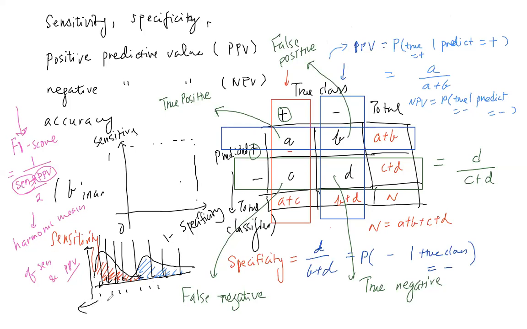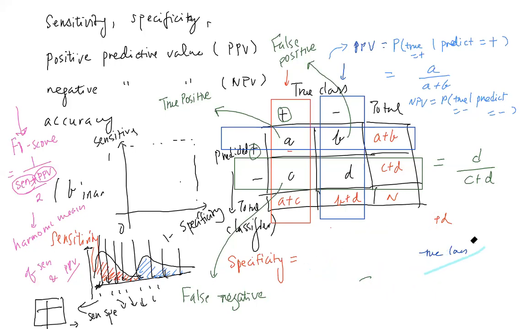And for each cutoff, you can generate sensitivity and specificity, right? Because at each cutoff, you can generate a classification matrix like this, and then you can report your sensitivity and specificity, and so on and so forth. So you can basically have a table where this column is your cutoff.